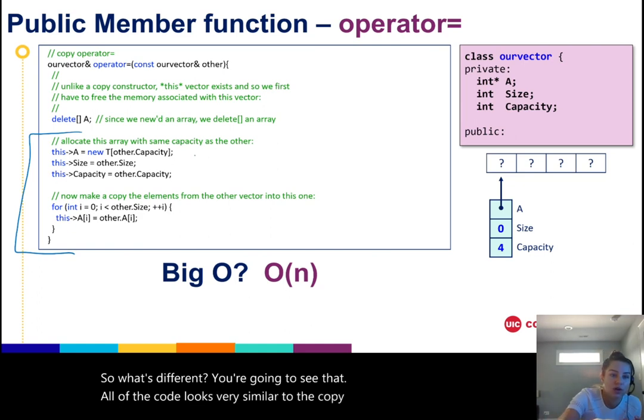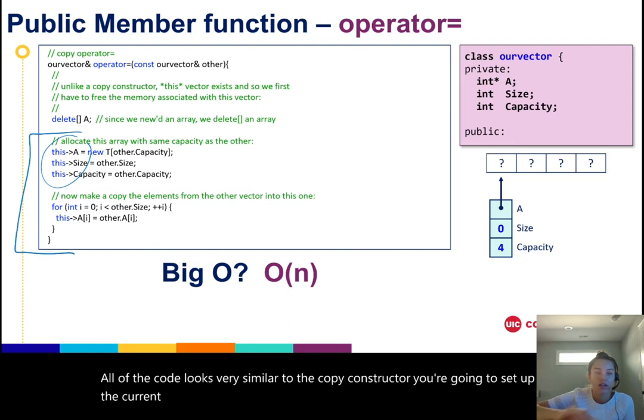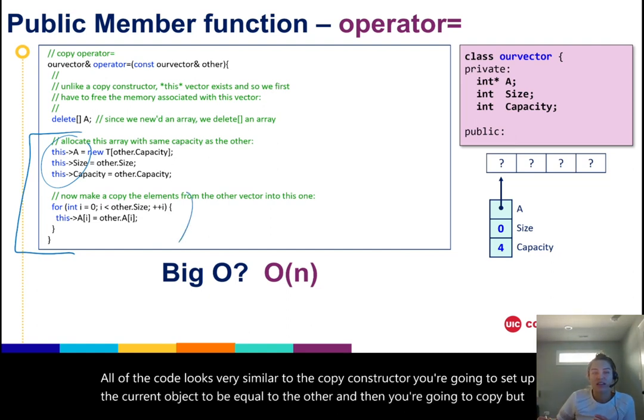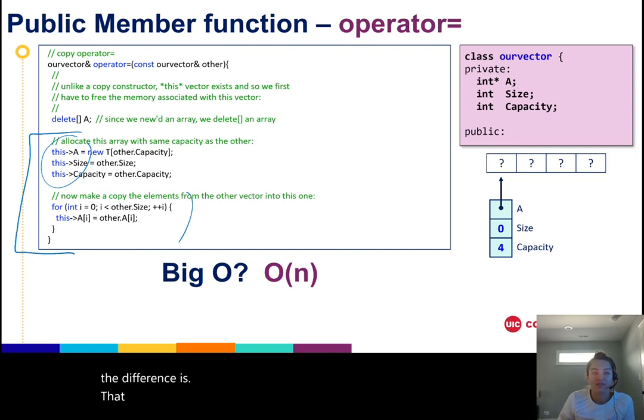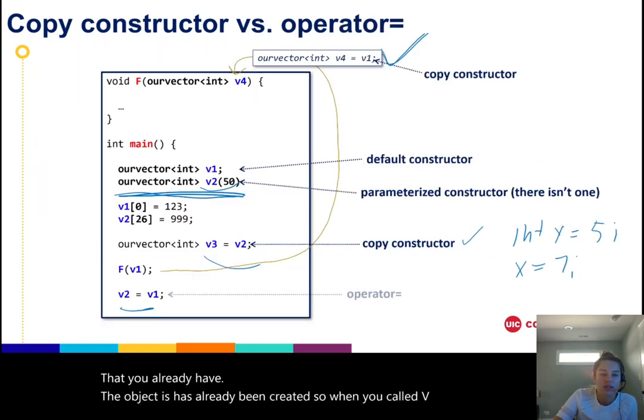You're going to set up the current object to be equal to the other, and then you're going to do the copy. But the difference is that the object has already been created. So when you called V2 here, it already exists.